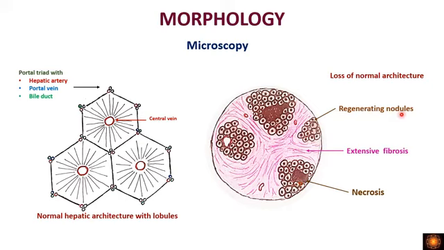So we have regenerating nodules, and these regenerating nodules will be separated by thickened bands of fibrous tissue, because, if you remember the etiopathogenesis, the stellate cells will be depositing lots of collagen that causes the fibrosis. So we have thickened fibrous bands which will be dividing the hepatic parenchyma into nodules. So we have regenerating nodules, extensive fibrosis, and necrosis.